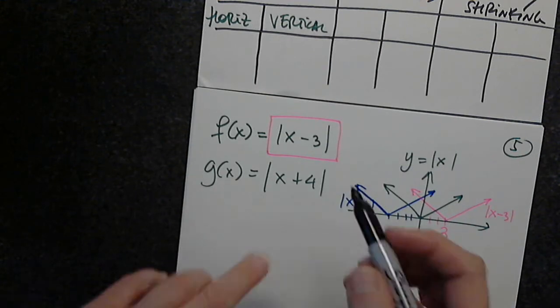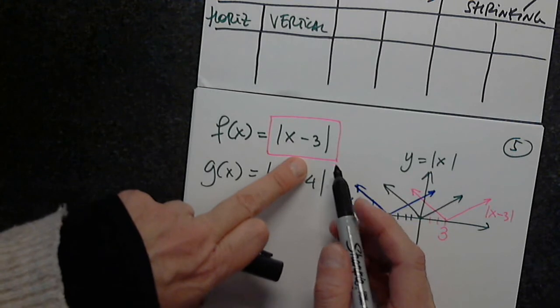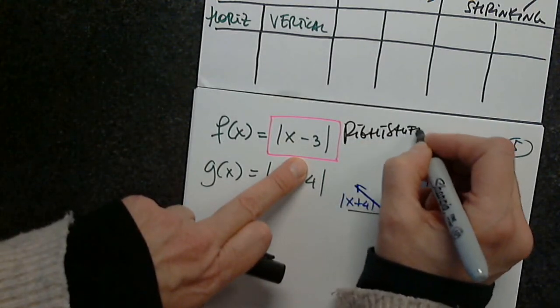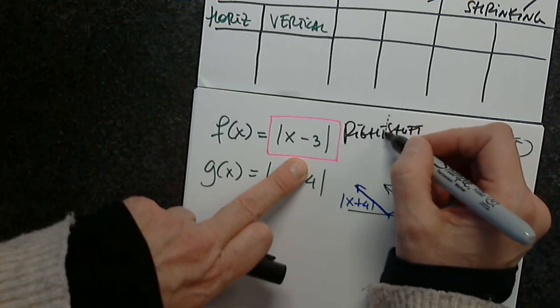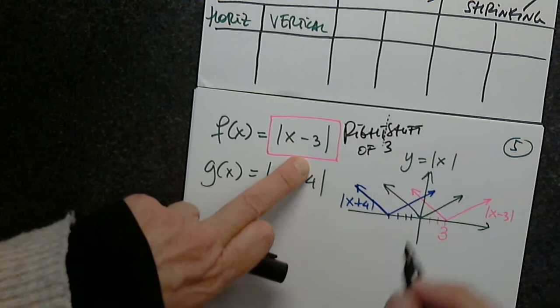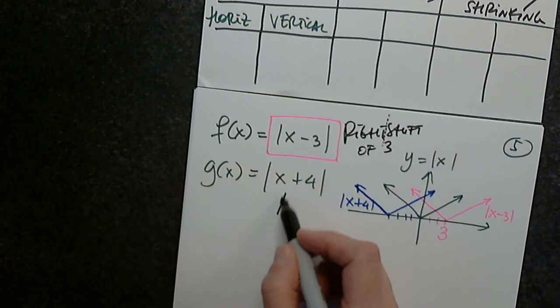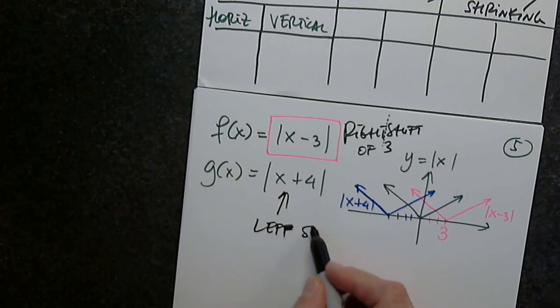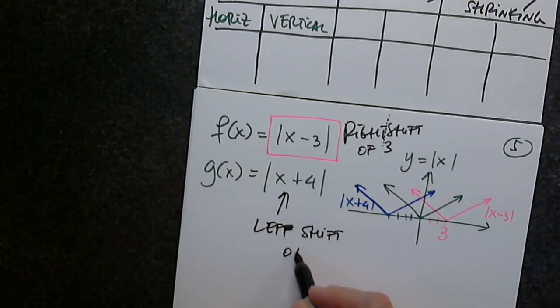So the first graph, it's a right shift of 3. Right shift. I didn't leave enough room between those two. I'm so sorry. Right shift of 3 units. This one is a left shift of 4.